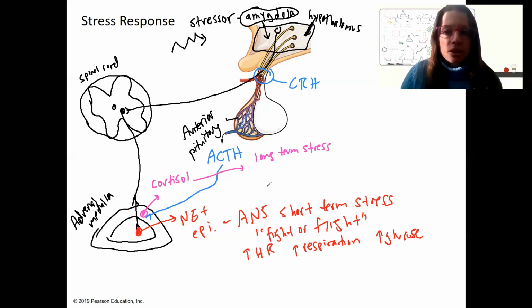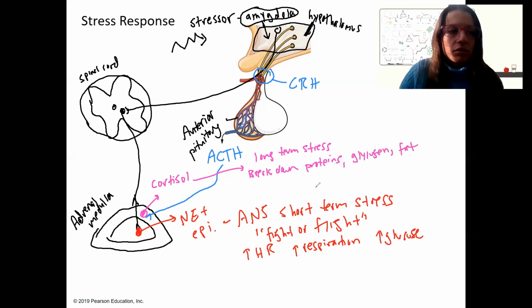So this is beneficial because if we are running from a bear, we want to be able to break down proteins and fats into what? Well, amino acids, fatty acids, glucose. So break down all foods. Glycogen is glucose, fat.